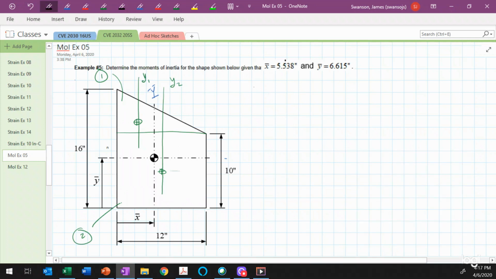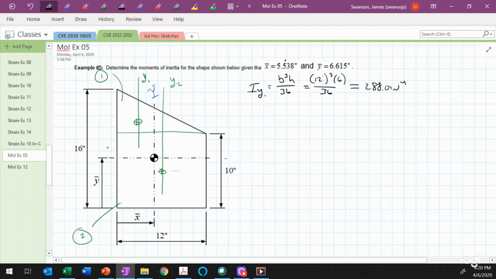So I sub little y1 is equal to b cubed h over 36, and that's going to be equal to 12 cubed times 6 over 36, which is equal to 288 inches to the fourth.